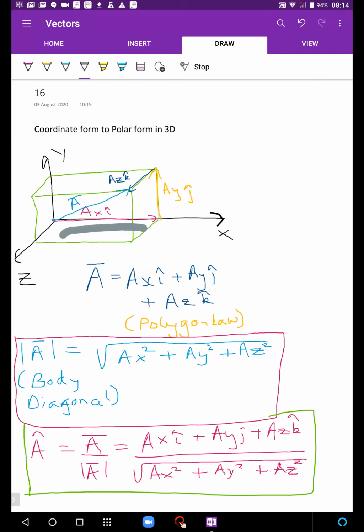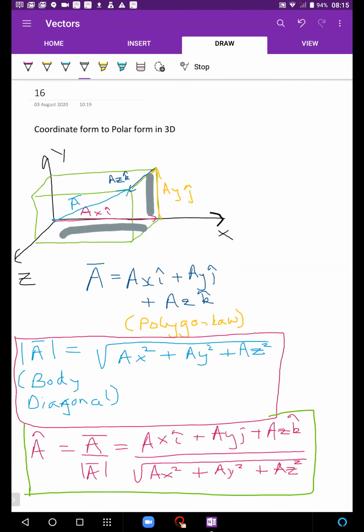The next one in the chain, joined head to tail with ax, is ay j cap. So ay j cap is a vector of magnitude ay along the y-axis. But I need to join it head to tail with ax i cap, so I'm going to slide it and draw it over here. So that's your ax i cap and this is your ay j cap so far.